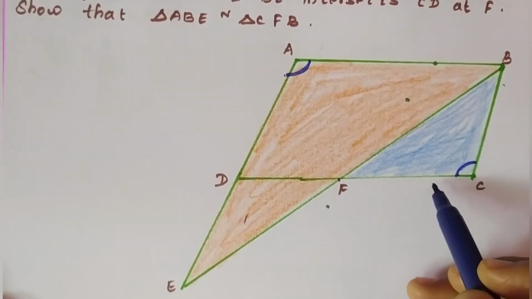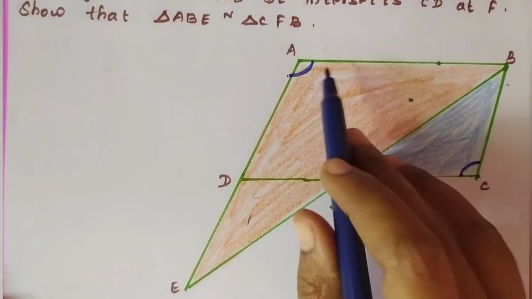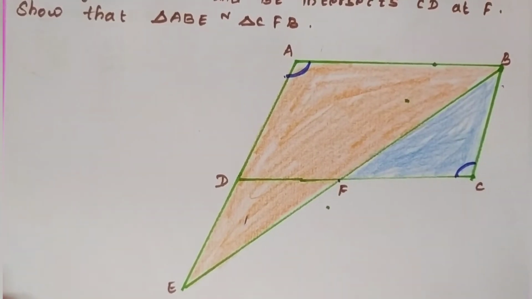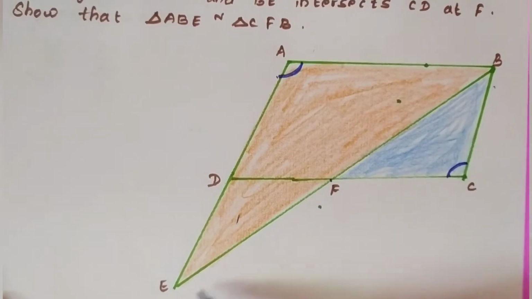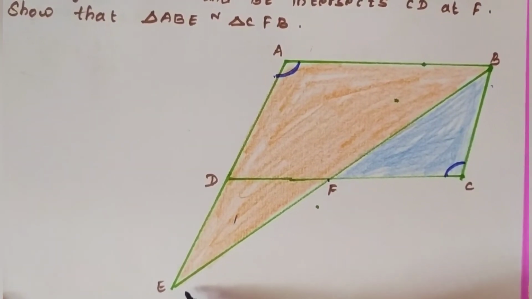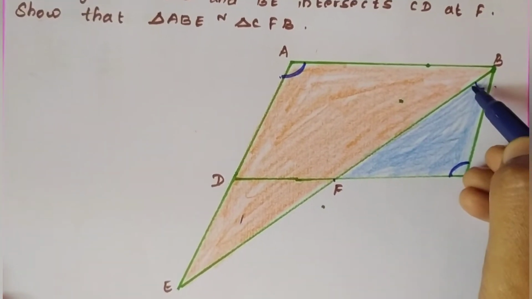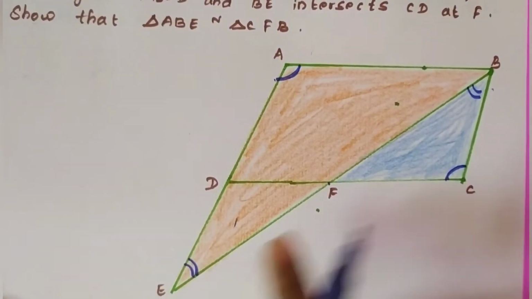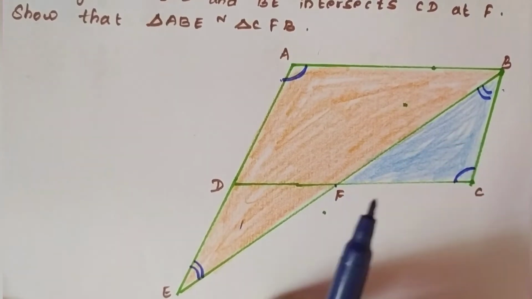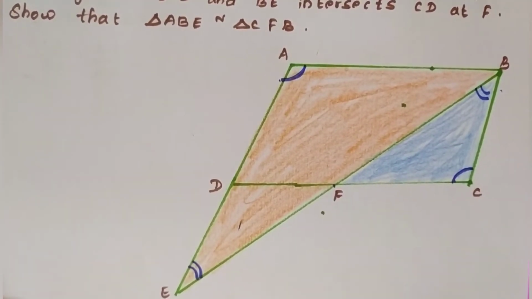So the only thing is opposite sides are parallel. AB and CD are parallel, and BE is a transversal. Then alternate interior angles are equal. Clear?